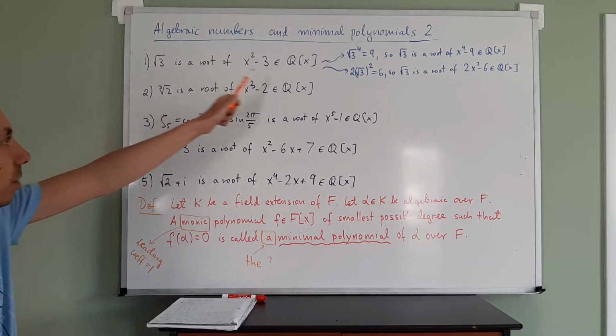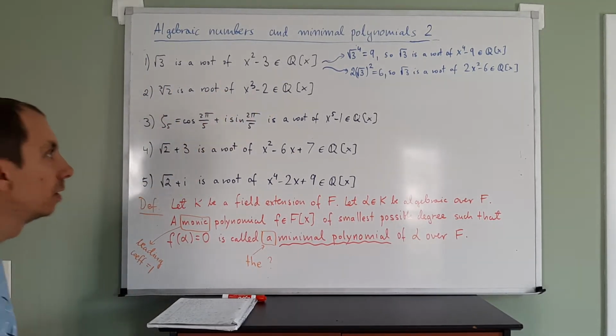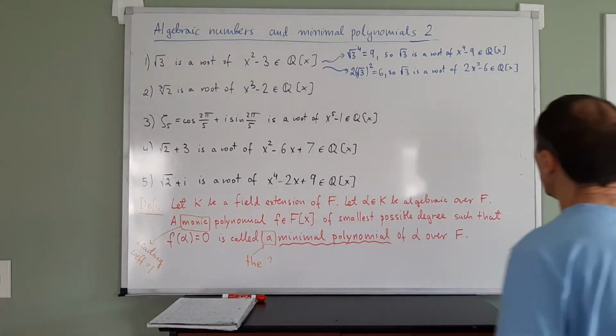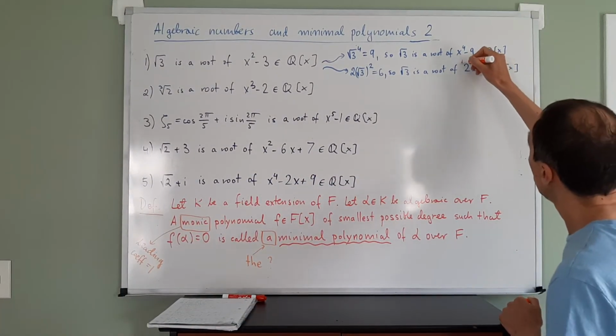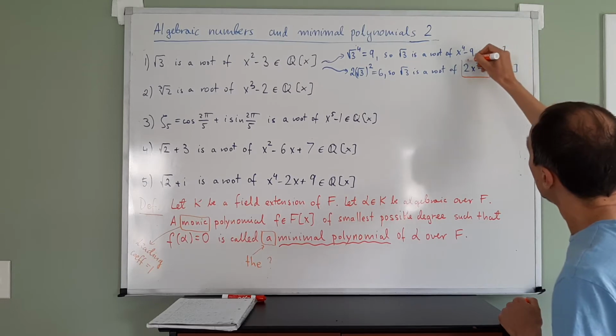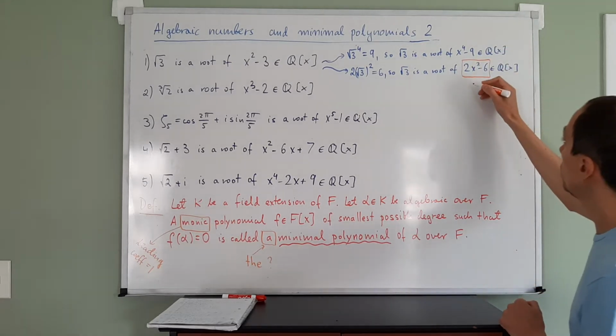Let's look at this example here first before we move on. And immediately I see that this polynomial cannot be minimal for radical 3 because it's not monic.